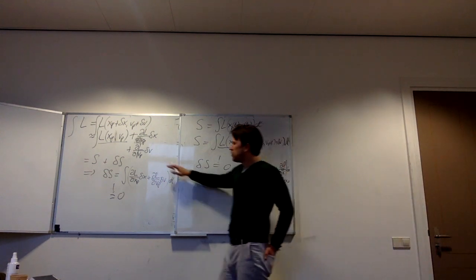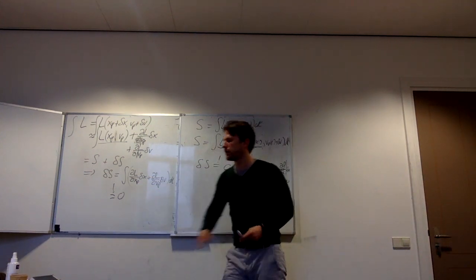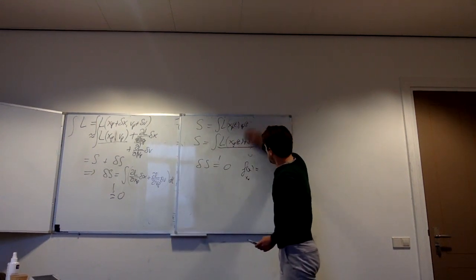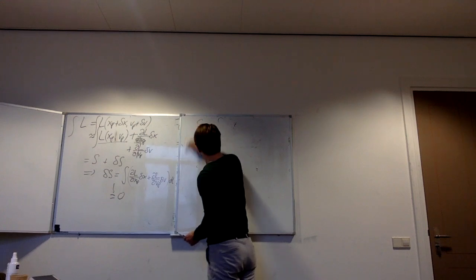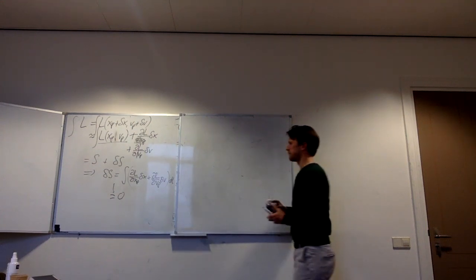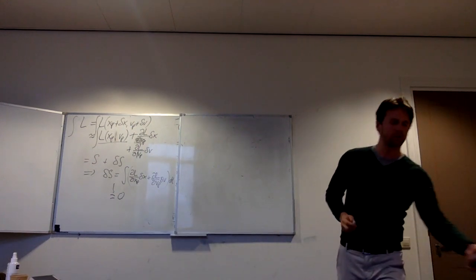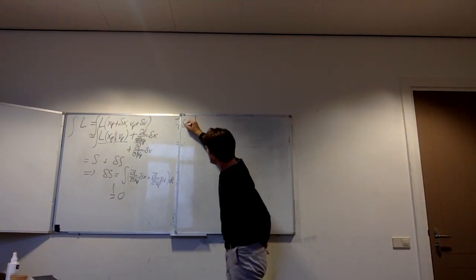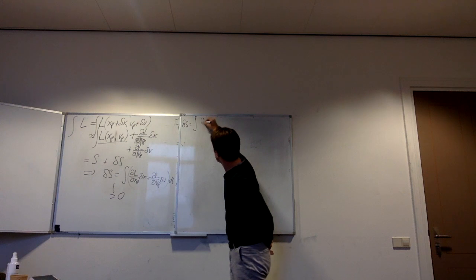So I'm going to continue with this part now. I have to erase this, so I'm not going to need it anymore, so let me continue here. So we have this thing, delta S, just copying the line for overview's sake.